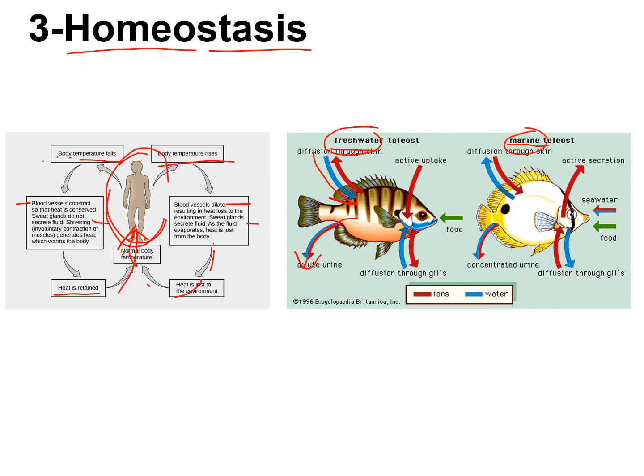Marine fish have the opposite problem. With marine fish, since they live in salt water, they tend to dehydrate so water can leave their bodies. So often their urine is highly concentrated to prevent losing water that way. So homeostasis is similar standing. It's regulating the bodies of the different organisms to maintain a consistent environment so their cells can function.